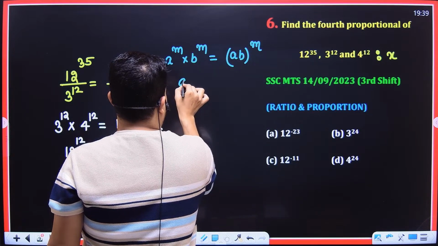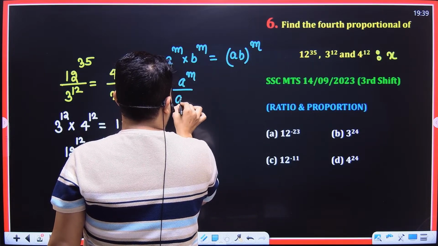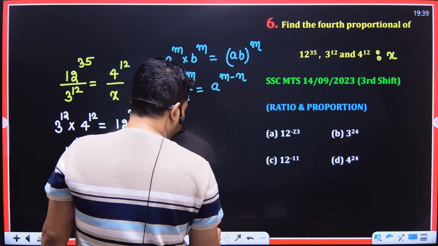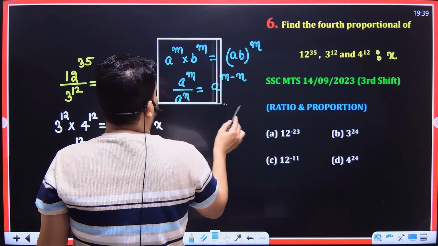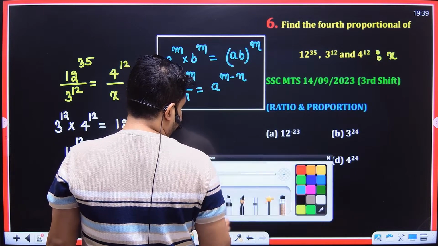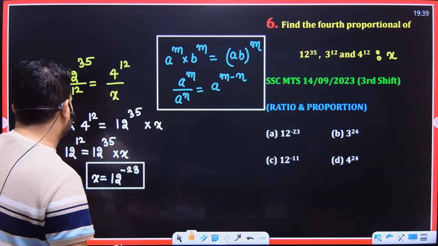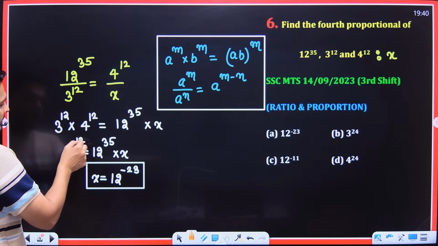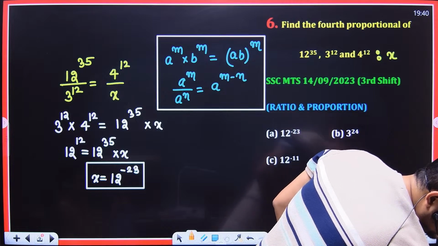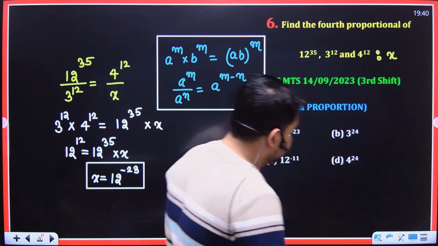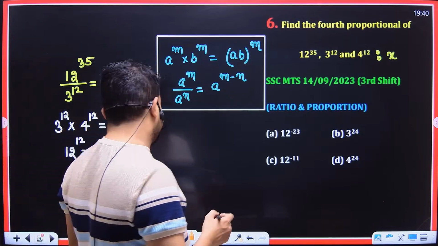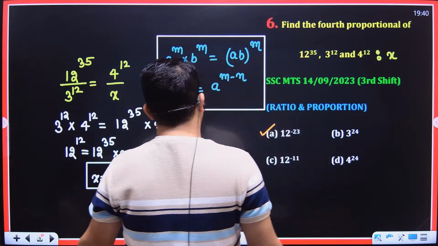And if we have a to the power m upon a to the power n, if bases are same and they are in fraction, see what we have written here, it can be written as 12 to the power 12 upon 12 to the power 35. So a to the power m upon a to the power n is equal to a to the power m minus n. That is 12 to the power minus 23 is the correct answer here.